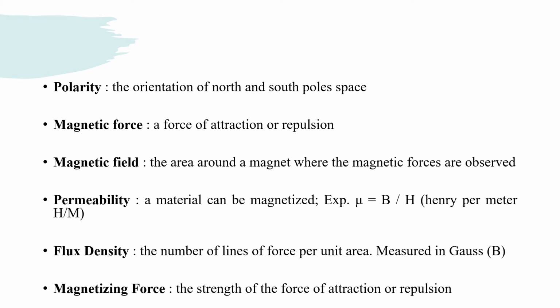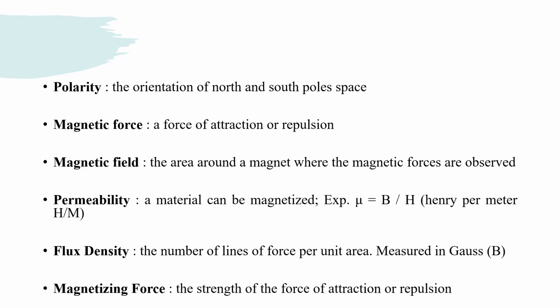The orientation of the north and south pole in space is called polarity. And what is magnetic force? The force of attraction is called magnetic force. The area around a magnet where the magnetic force is observed is known as the magnetic field.